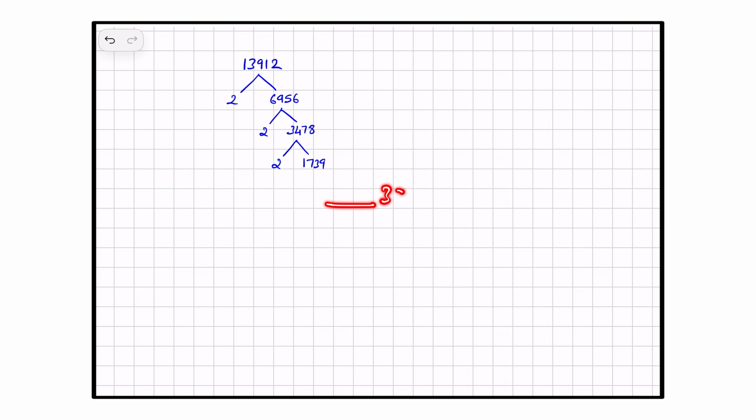Some number with the last digit 3 into some number with the last digit 3. The last digit 9 can be obtained only if this ends with 3 and this ends with 3. Then when we multiply these two numbers we will get 9.